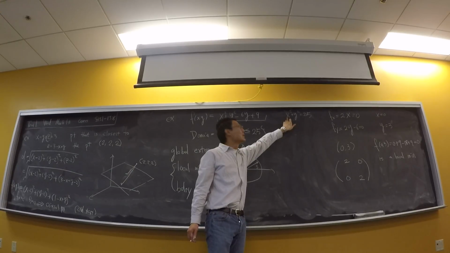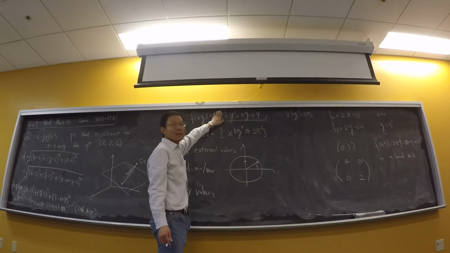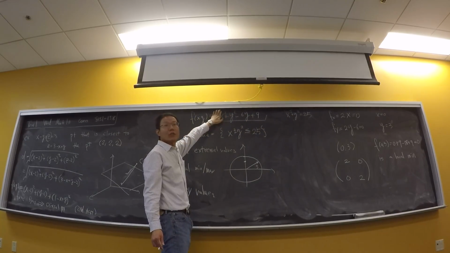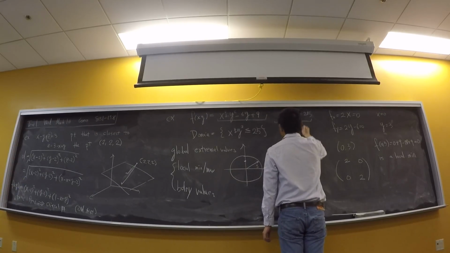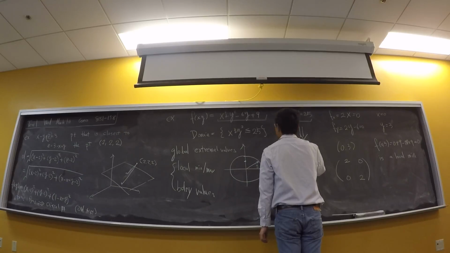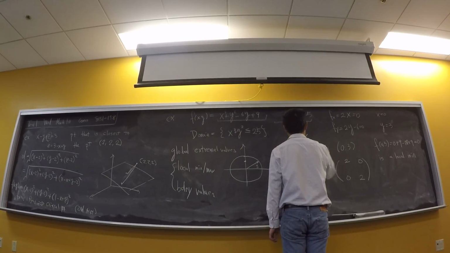You see that? x squared is equal to 25 minus y squared. So I plug in this equation, and I'm getting a function involving only y: 25 minus y squared plus y squared minus 6y plus 9 is my new function here.